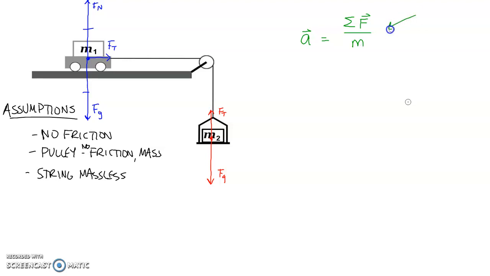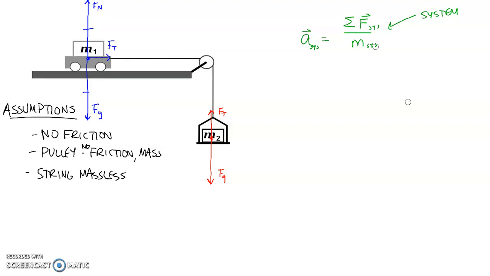Each one of these things is for a particular system. So just to reiterate, the acceleration of a system is equal to the net force on the system divided by the mass of the system. So depending on what system we choose is what mass we use and what forces we use and what acceleration we calculate. So keep that in mind because that's going to come up in a second.